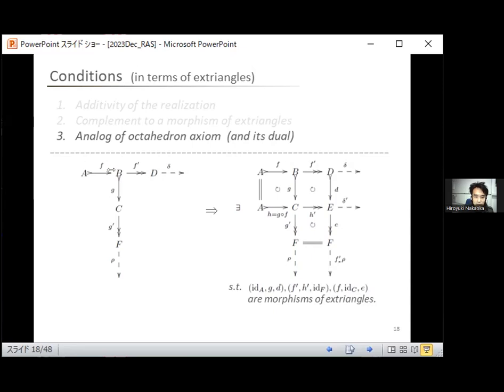Namely, in the given X triangles, if F and G are inflations, then in the completed octahedron, the composition of G and F is again an inflation. And again, since we cannot rotate X triangles, we also assume its dual. By duality, deflations are also closed under compositions. So these are all of the conditions in the definition of an ET category.